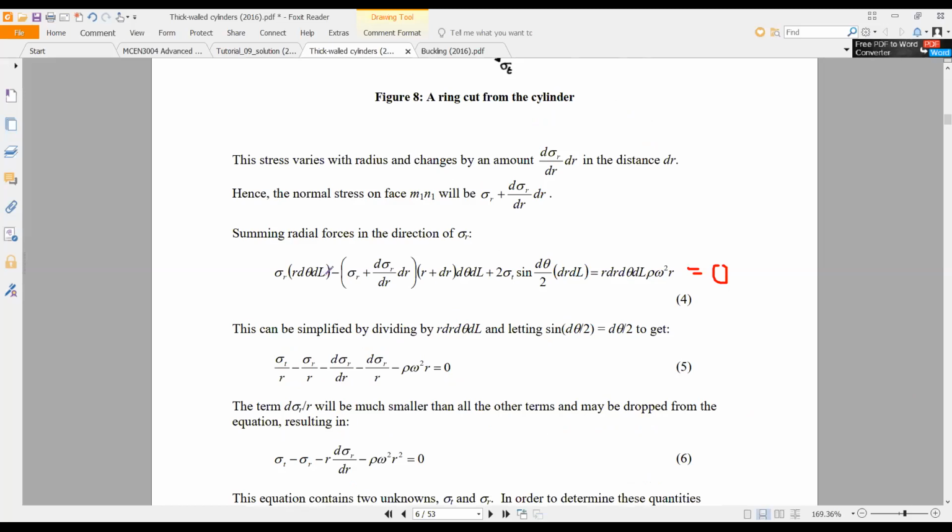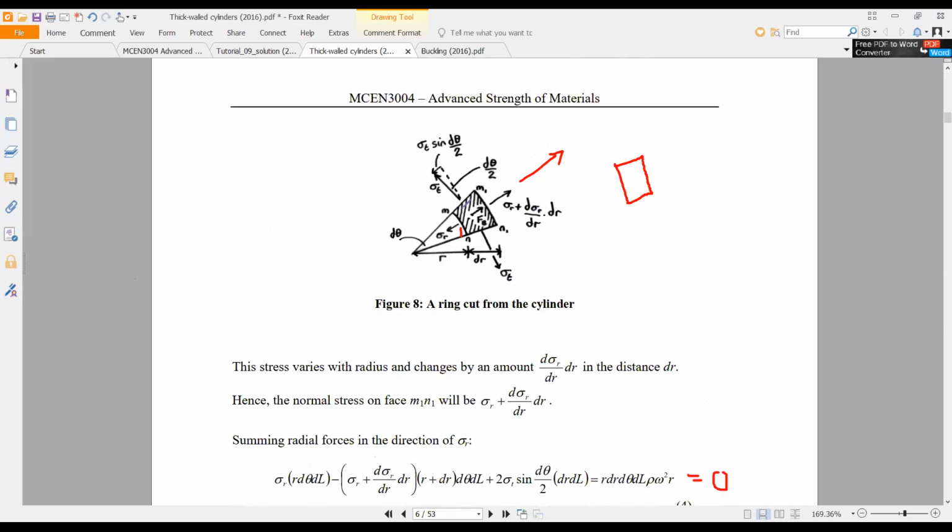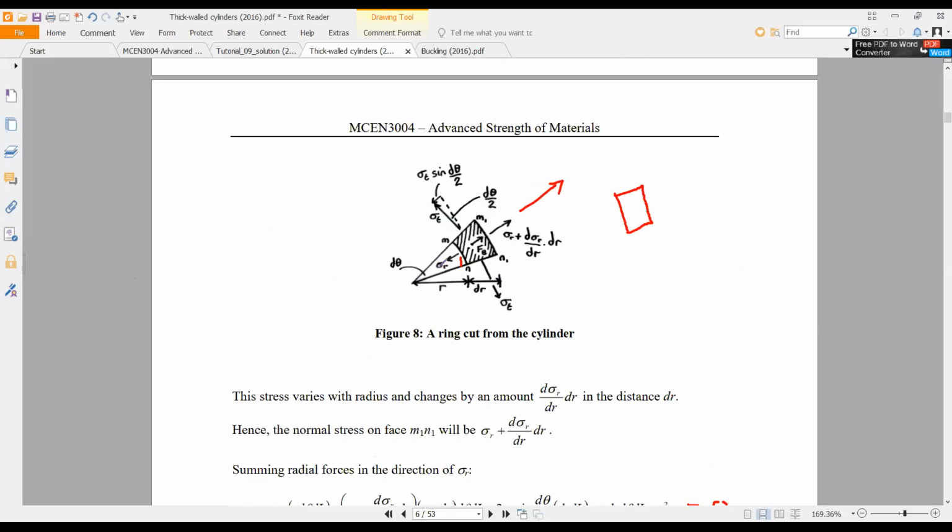So then what we are going to do is simplify this equation. You can see there are so many r, d theta, dl and dr. So you can divide the whole equation by r, dr, d theta, dl. And you know this is a small angle.